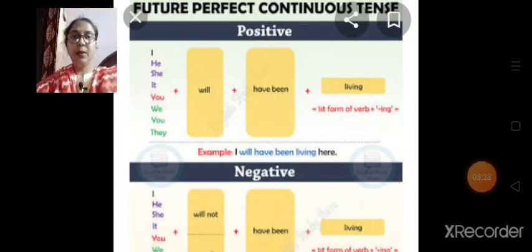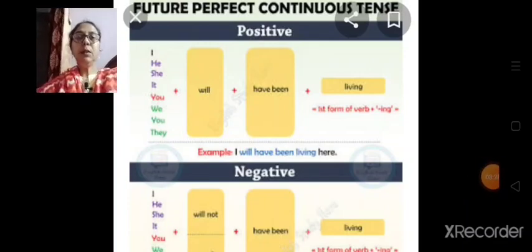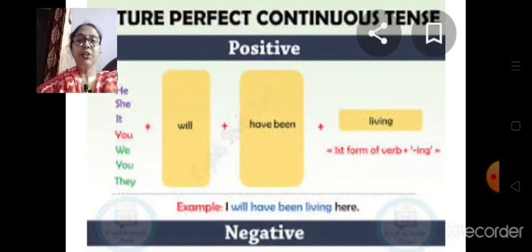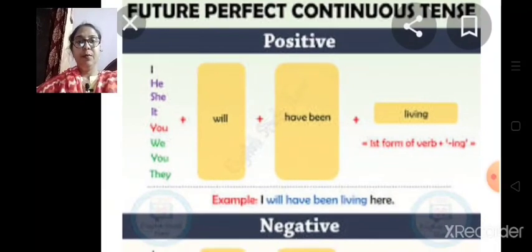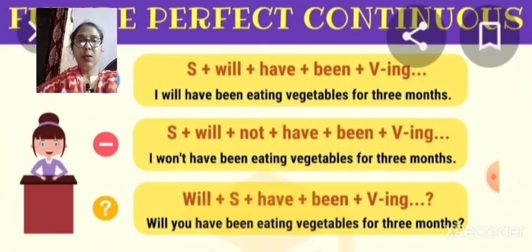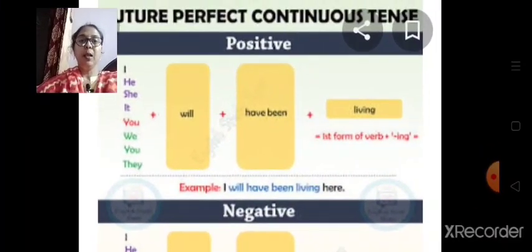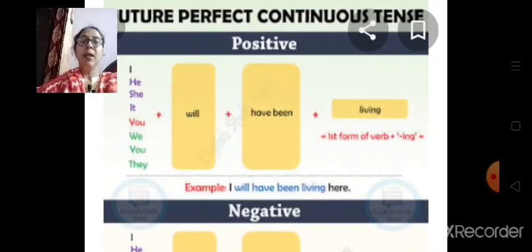Now children, here you can see the formation of a positive sentence in future perfect continuous tense. I, he, she, it, you, we, you, they: with all these pronouns, we are supposed to use will, have been and verb with ing.